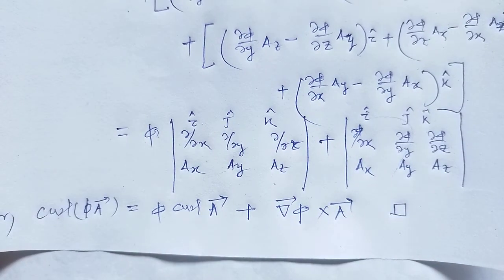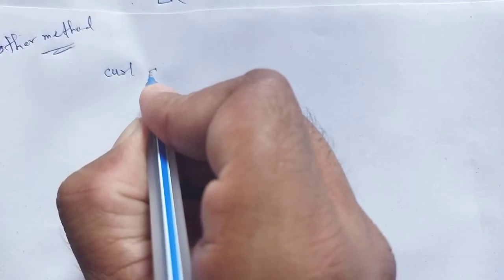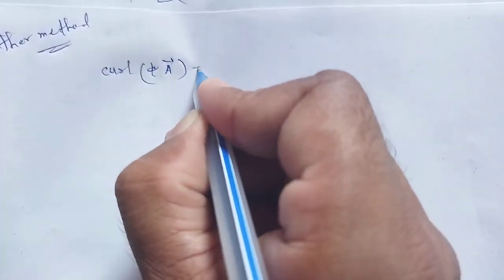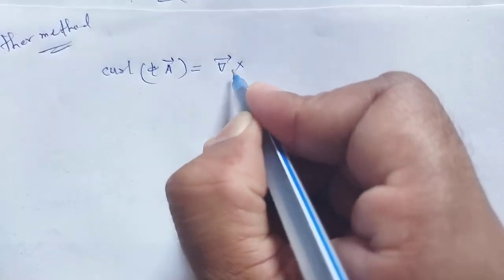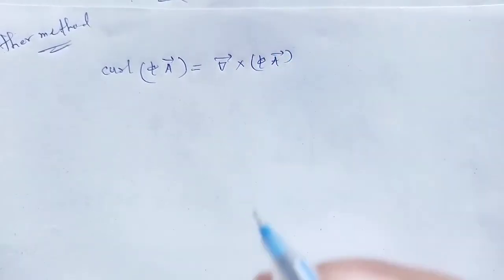There is another method to prove this property of curl. Other method, look at that method. Curl of phi a is equal to grad cross phi a vector.